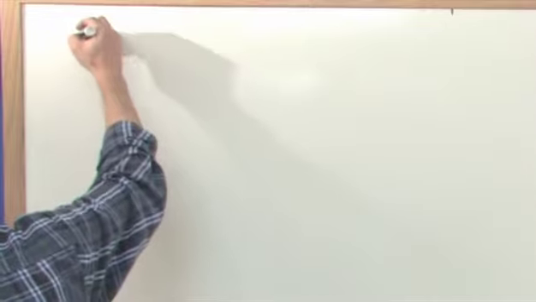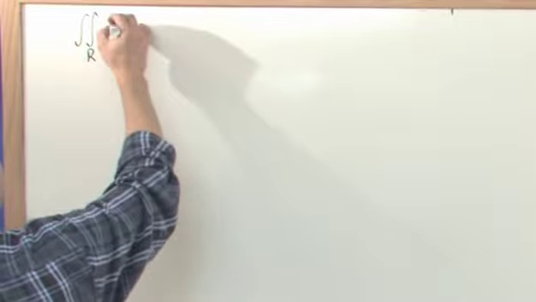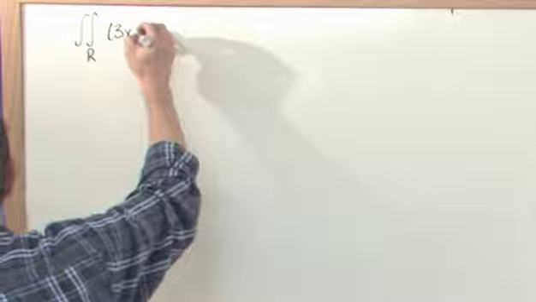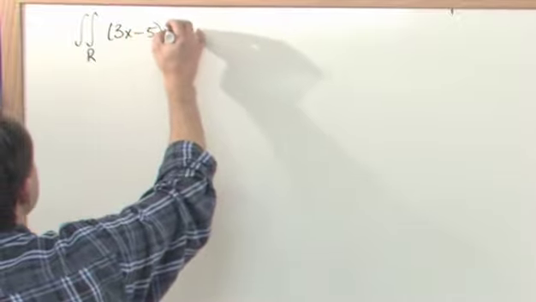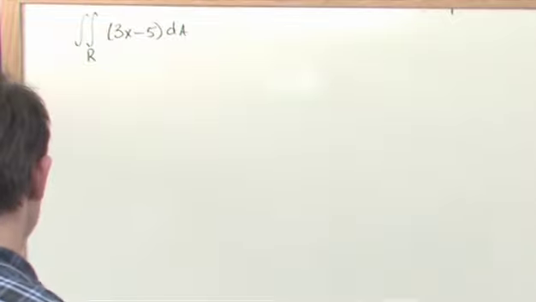Okay, the next problem is going to be similar. We're going to integrate over some region R the function 3x minus 5 dA, which I don't know what that is yet.